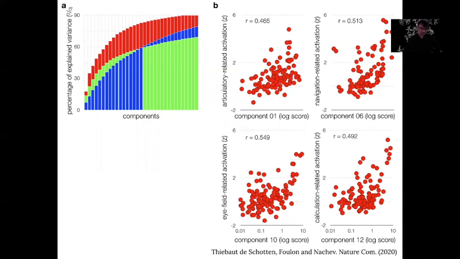Another ingredient, component number 10, correlated with eye field-related activation, and component number 12 correlated with calculation-related activations. Isn't that great? It means that behind the profile of disconnection of stroke patients, you have specific ingredients that match each one of them to different functions.